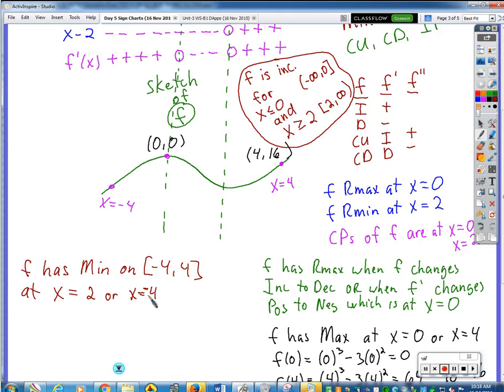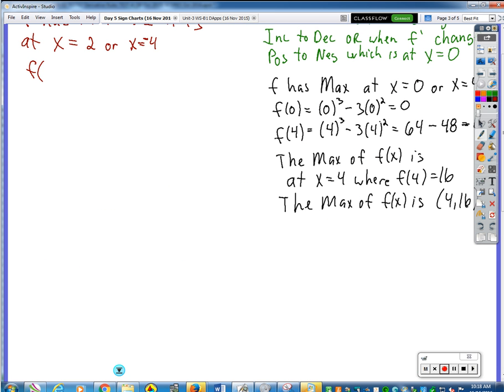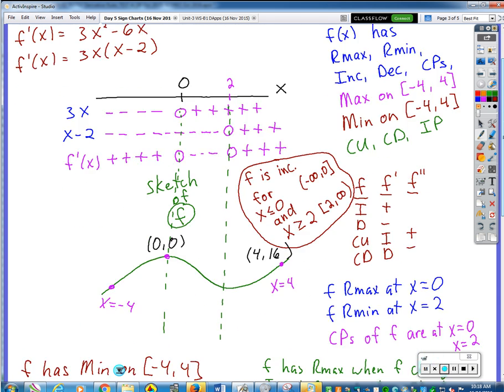It's that bad habit of just doing stuff without knowing why you're doing it. I want to find a point on F, I have to find where F is lowest. So I just go F of, add it to the notes.